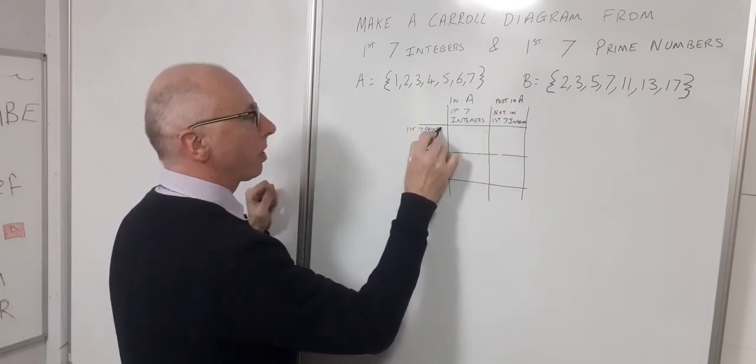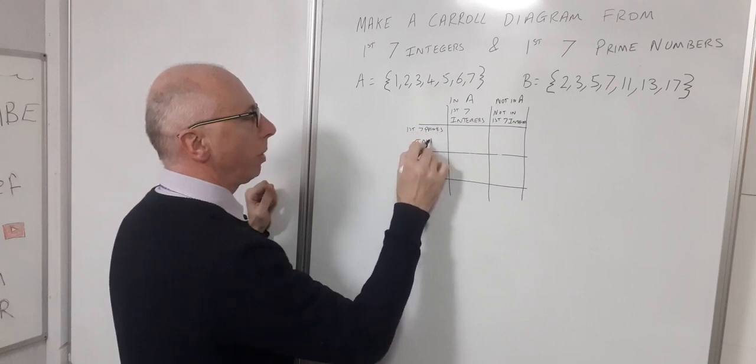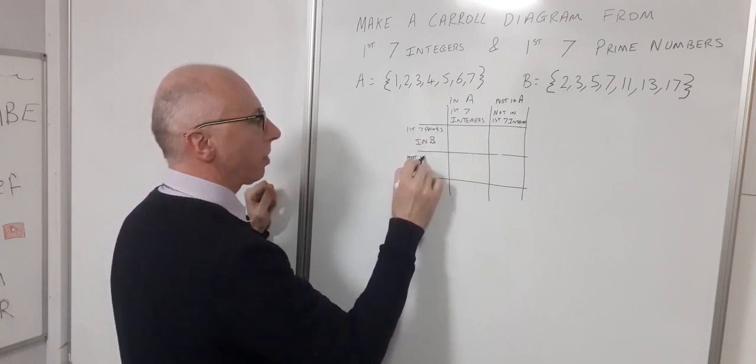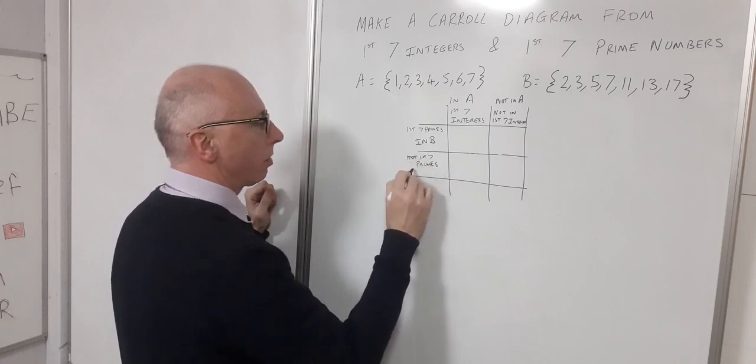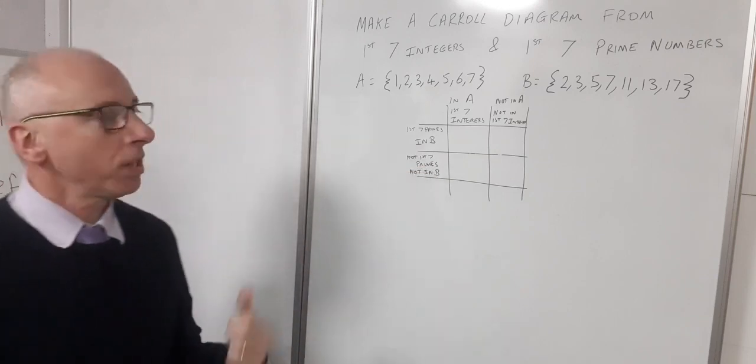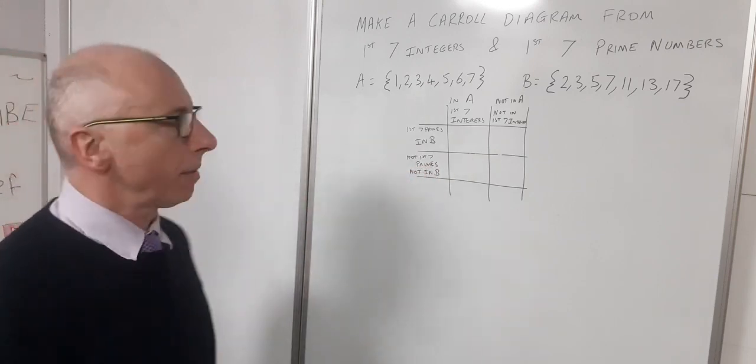First 7 primes, so basically in B, and not first 7 primes, so not in B. So that's my setup for my Carroll diagram.